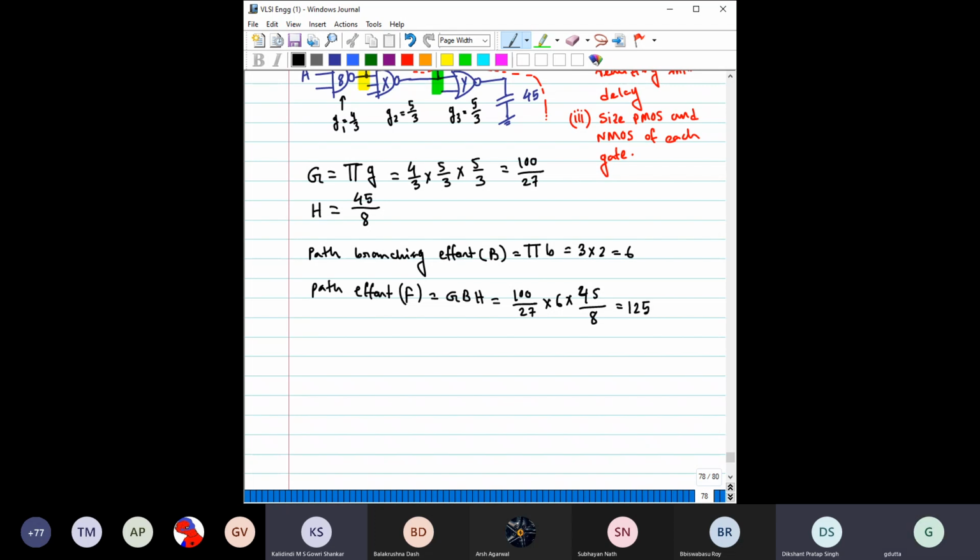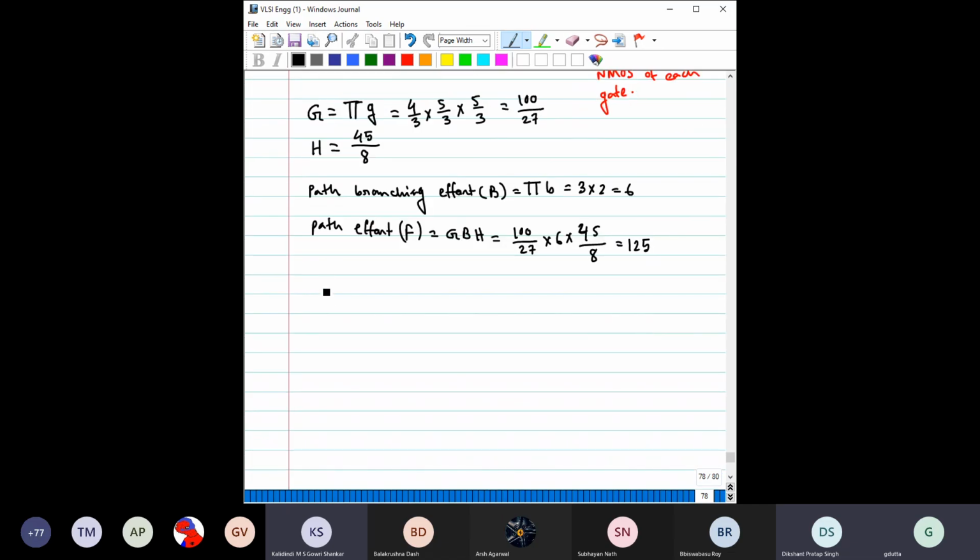Great. So it is 125, right? Now we have already seen for minimum delay, this individual stage effort should be equal to the nth root of capital F, where n is the number of stages.